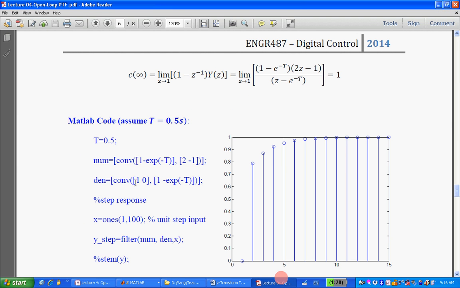The second one here is for the denominator. So conv, this is a z, and this is another one. Denominator.